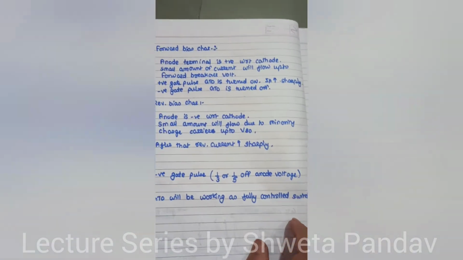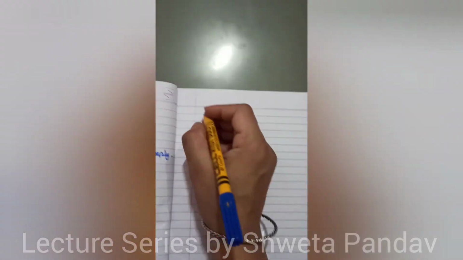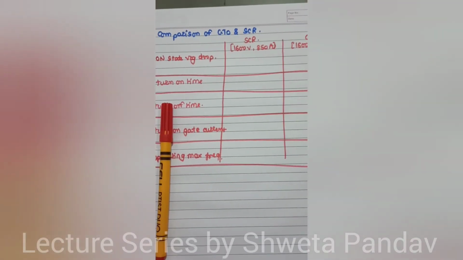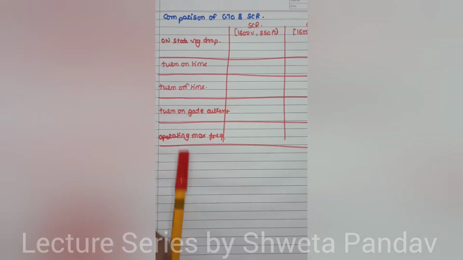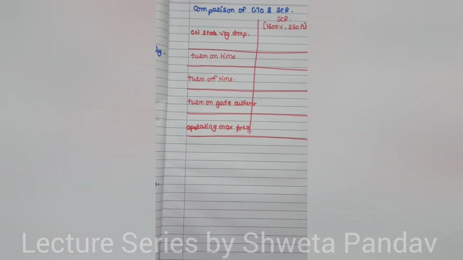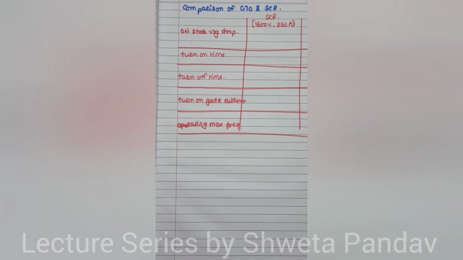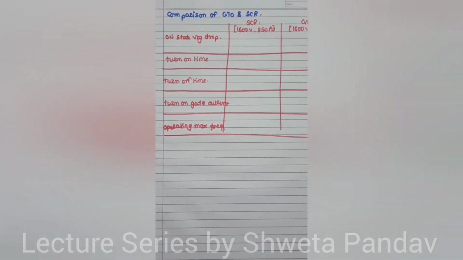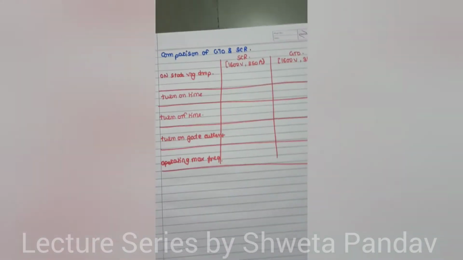Now let us see the comparison of GTO and SCR. On the left hand side we mention the various characteristics: on state voltage drop, turn on time, turn off time, turn on gate current, and maximum operating frequency, and we compare SCR and GTO for all those characteristics.